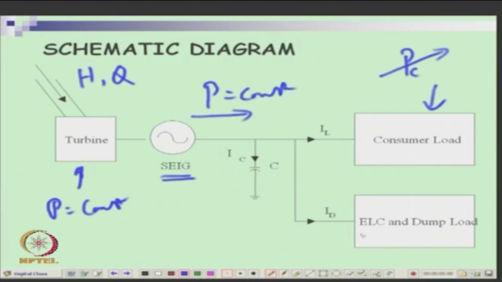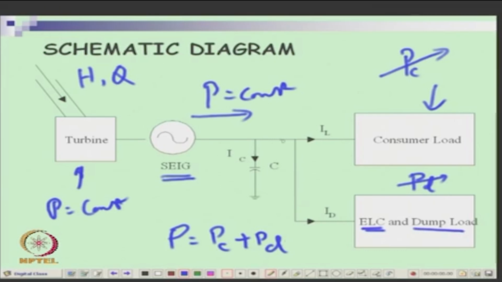Now, you have to have an artificial dump power, I call it PD, which also has to be variable. So, always P should be equal to PC plus PD, isn't it. Therefore, the job in hand is to develop a reliable electronic ELC, electronic load controller, with a dump load.